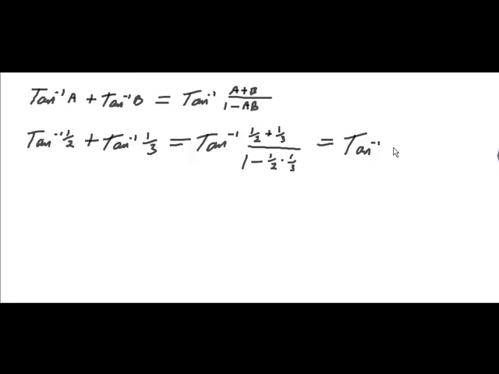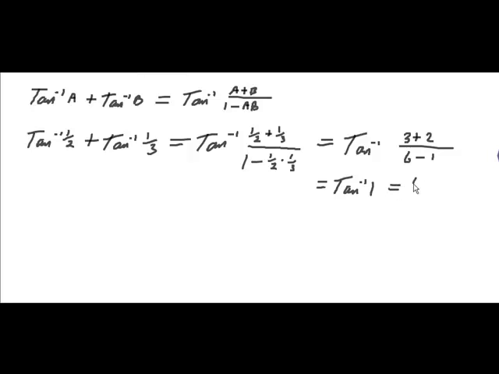Multiply above and below by 6, get rid of fractions, so I get 6 over 2, which is 3, plus 6 over 3, which is 2, over 6 minus 6, and the 2 and 3 cancel, 6 minus 1, so you actually look at the inverse tan of 1, which is again, of course, pi over 4.